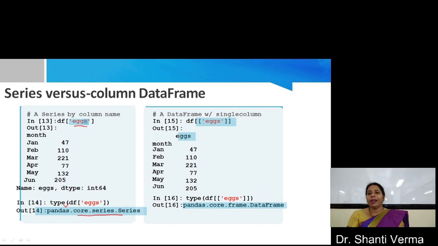But if you write this egg attribute or column name in the form of a list, it creates a data frame. You can see if I write type of df with this egg, it gives that it's a data frame. So these are the two different types of extracting data from the Excel file or the CSV file.